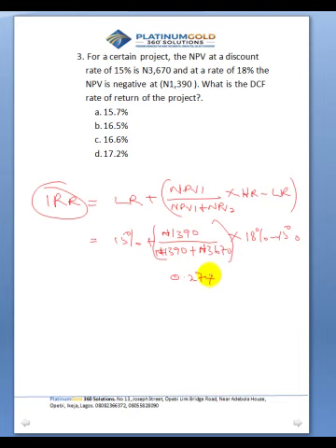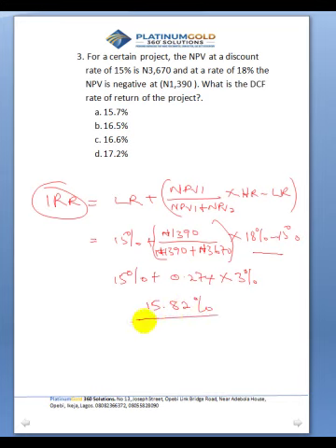Now multiply that by 3%. This is giving me 3%. 0.274 multiplied by 3 gives me 0.822, plus 15%, that gives me 15.82%.